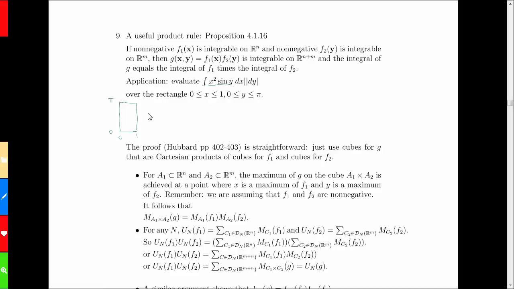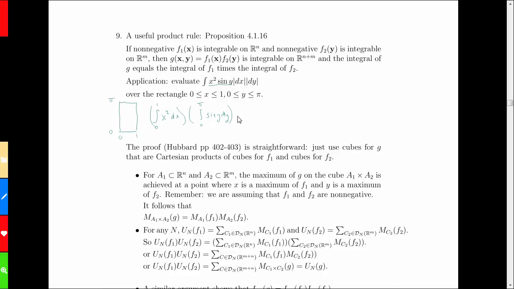And what the theorem says, which we are about to prove, is that we can evaluate that integral by taking the integral of f1, that's the function x squared, from 0 to 1, and multiplying it by the integral of f2, the function sine y, from 0 to pi.